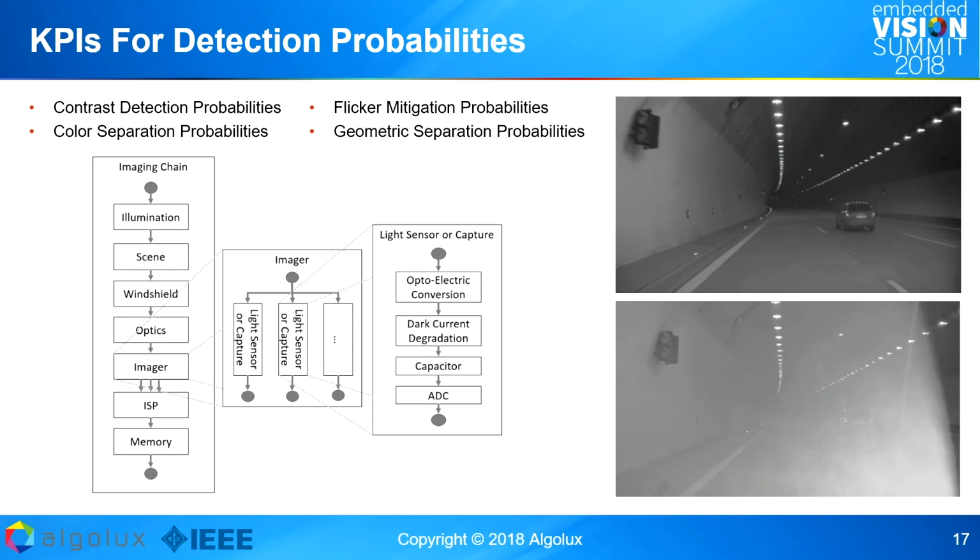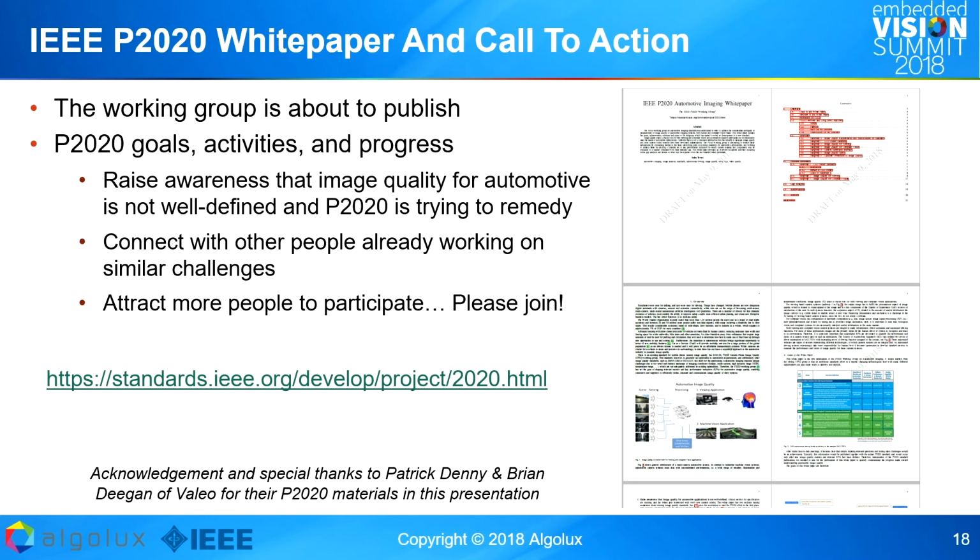And this allows us then to characterize the overall system in isolation without a higher level processing block. The standard is about to publish a white paper, almost done with a first set of overview level metrics, which give you a rough impression of what's happening.